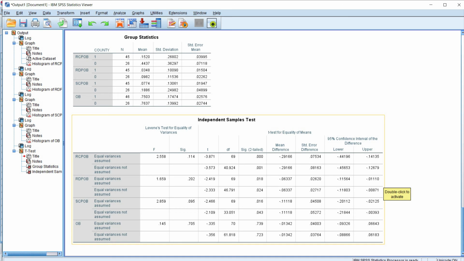Now let's look at the staff cases. Again, we don't have a significant F value, so we can assume equal variances. Significant t again, and our p-value is 0.016, and our confidence interval didn't cross 0.